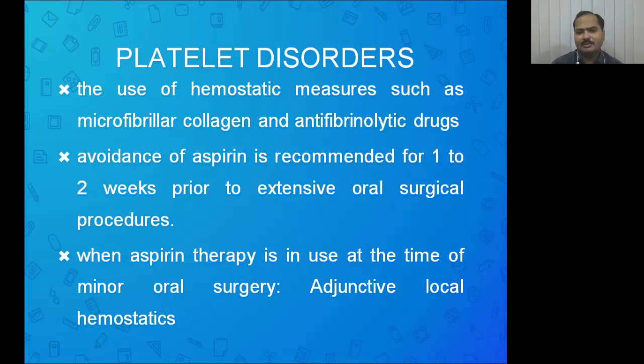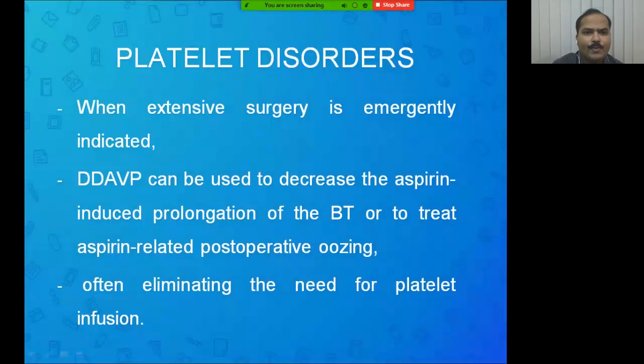So when aspirin therapy is in use at the time of minor oral surgery, we can use adjunct local hemostatics even if we do not stop aspirin. When any extensive surgery is done in an emergency, what can we do? We can use desmopressin acetate or vasopressin. It can be used to decrease the aspirin-induced prolongation of the bleeding time or to treat aspirin-related post-operative oozing.